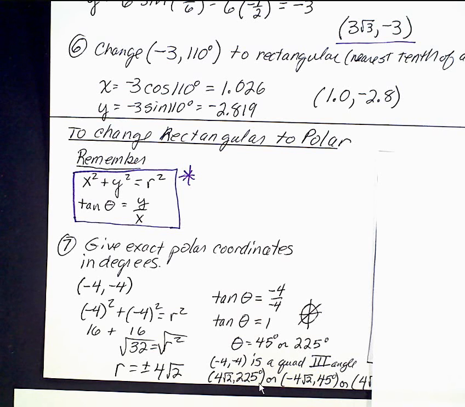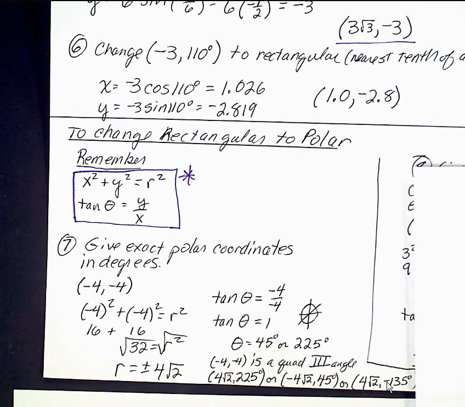If you wanted to use the 45 degrees, you would then need to use the negative radius to back it into quadrant 3. Or you could go all the way around and do negative 135 degrees, coming down this way and out a positive 4 radical 2. There are multiple ways to write the point (-4, -4) in polar form, and all 3 of these would be correct.